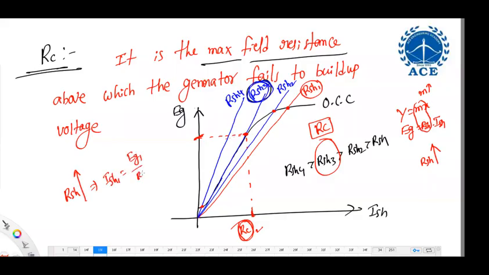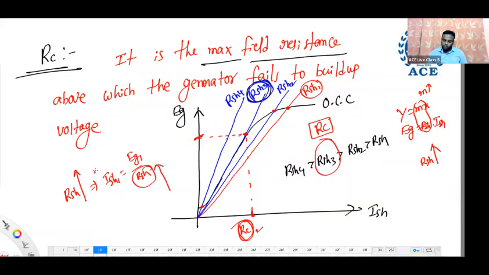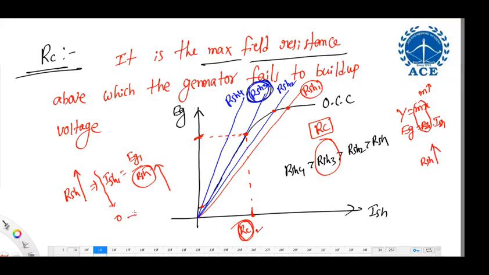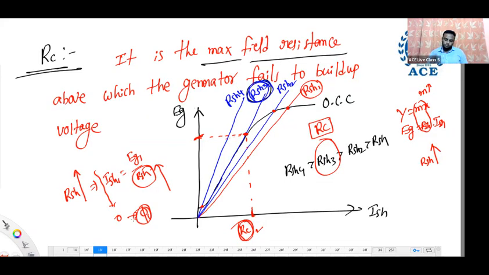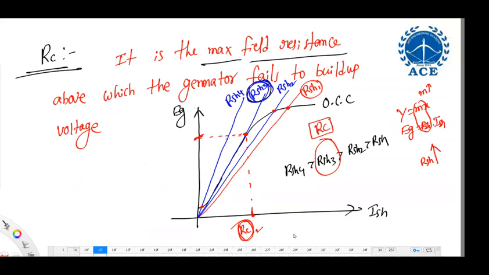It is V by RSH. Whenever RSH is very high, the field current is very, very less, almost zero. Then will any flux be produced properly? No flux. That's why it cannot build up voltage. That's why the resistance should be minimum, so that some flux builds up.